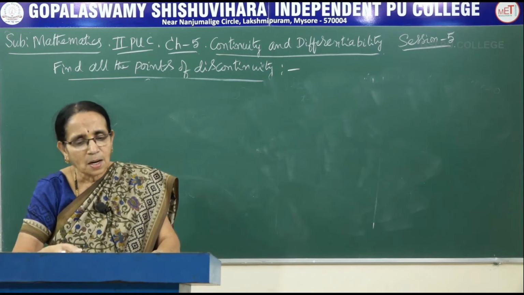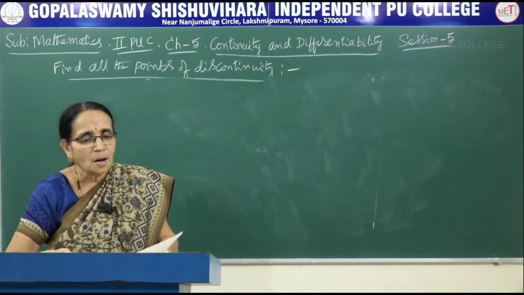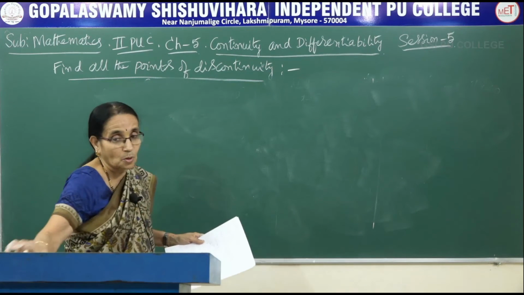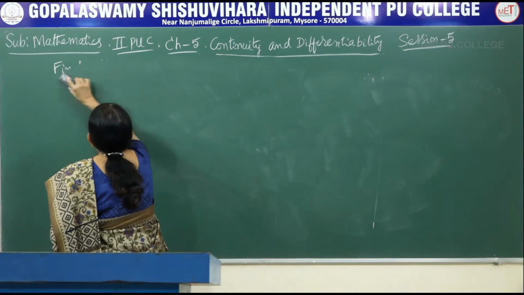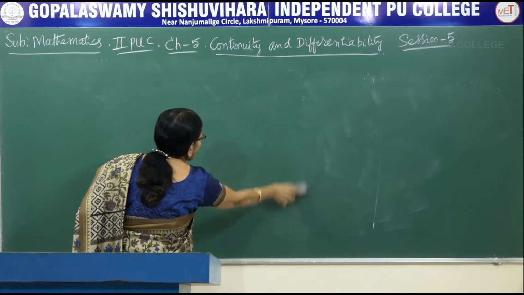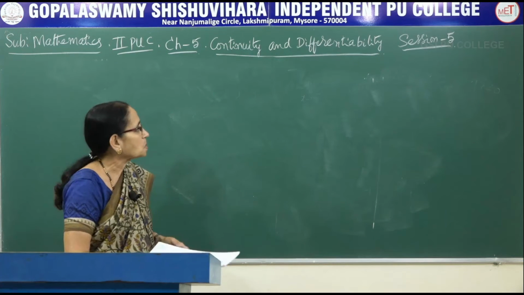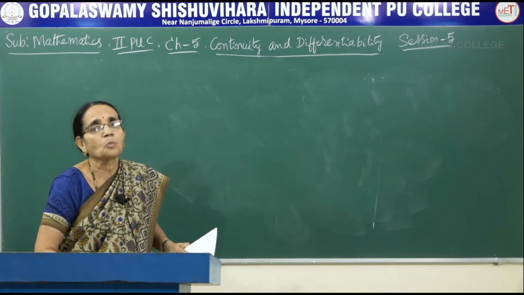Now, the next problem also involves the modulus function, but here it is a little bit lengthier than the previous two problems. Now, understand this problem carefully. See, in all the earlier problems which I worked out in the earlier sessions, only one number was mentioned in the domain.